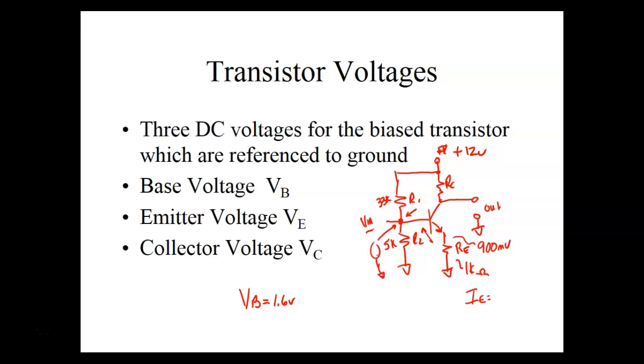What's his voltage drop? 900 milli. What's the size of the resistor? 1K. The volts was given. V over R.